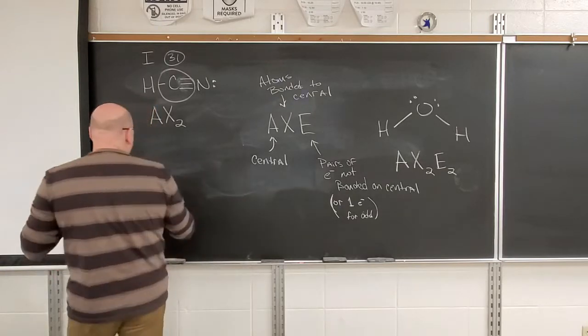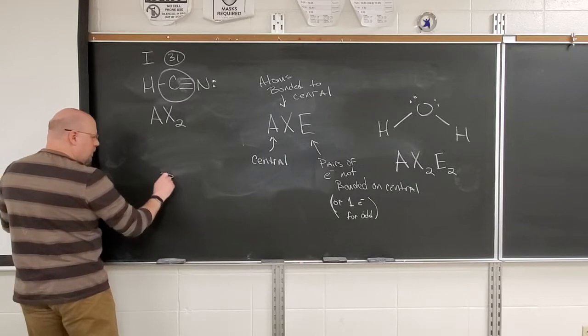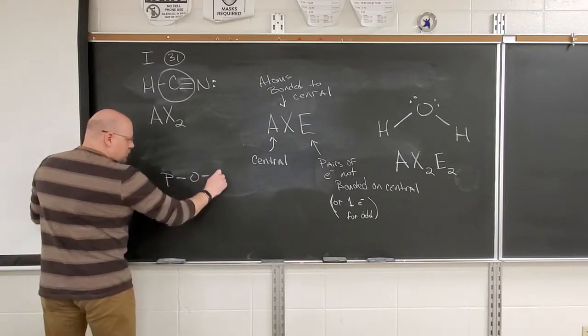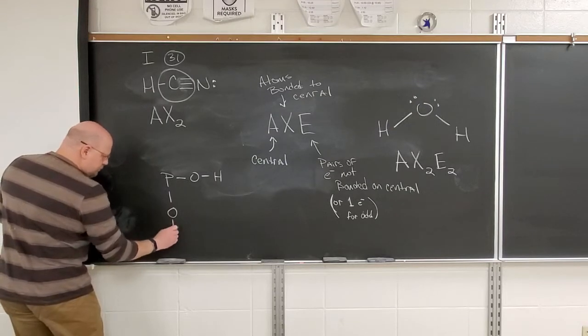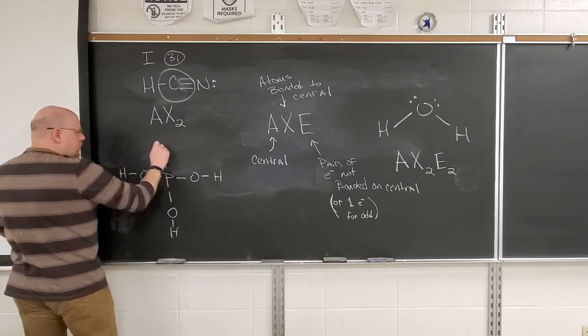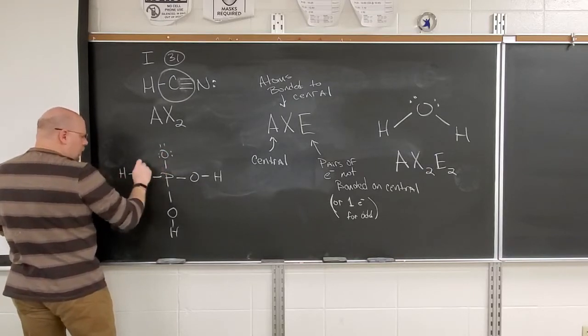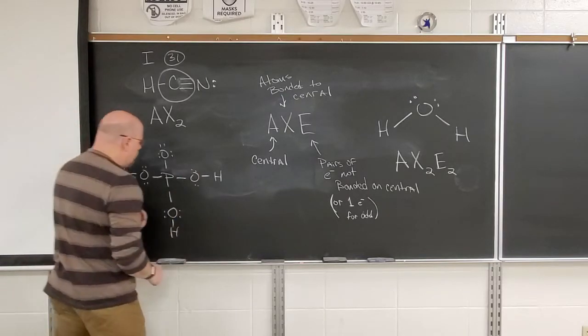H3PO4. Okay. Good one. All right. So when you did that little structure, I told you you're going to do the oxygens on the central, and then you put the hydrogens from those acids.